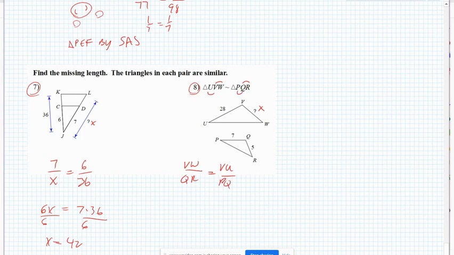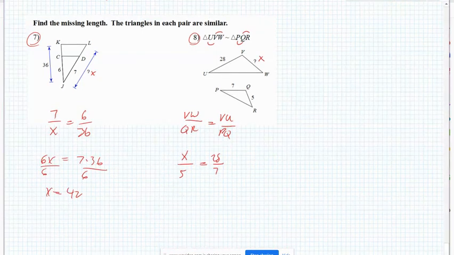And so VW is X, QR is 5, VU is 28, PQ is 7. So then when I cross multiply, I get 7x equals 5 times 28. Divide both sides by 7. X equals 20.